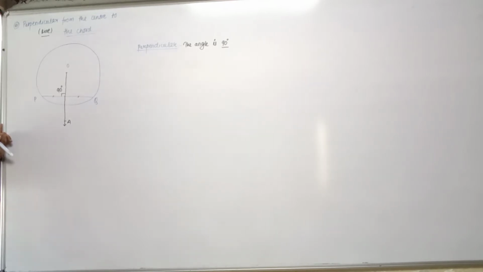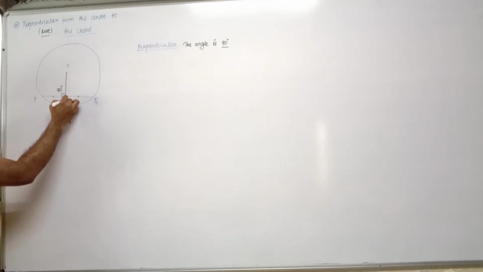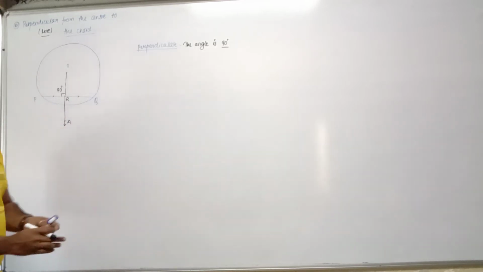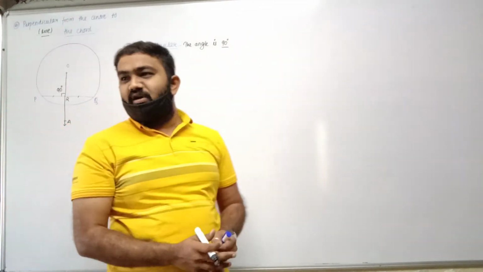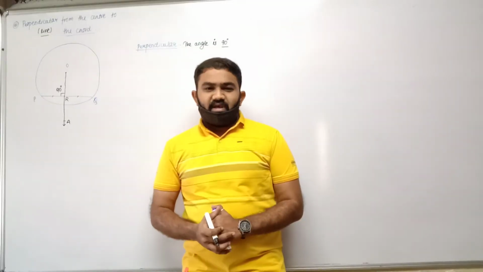Two equal parts or three equal parts? Kavya? Two equal parts. So naming this as R, PR and QR will be equal. Is it clear? So this OA is known as the perpendicular bisector of the chord PQ. It is perpendicular and it is again bisecting, that means it is cutting the chord PQ from the midpoint. So this PR and RQ will be equal, right?